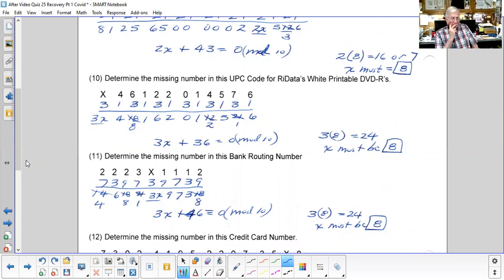In number 11, when I added across, I got 46. Both answers turned out that they had to have 8s so that I would get 24s in each question so that they would end up with the zeros.